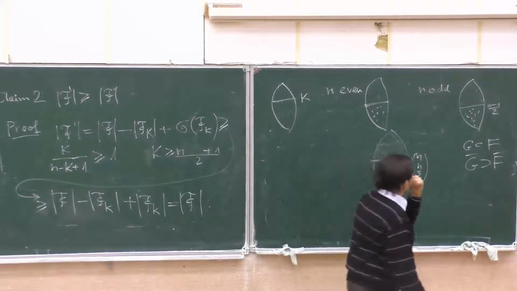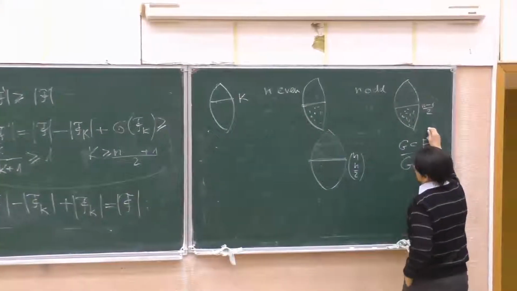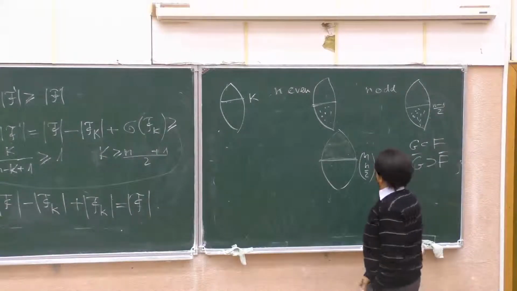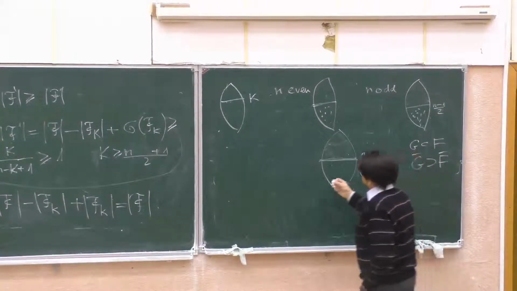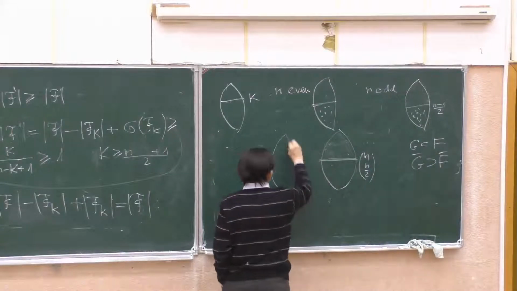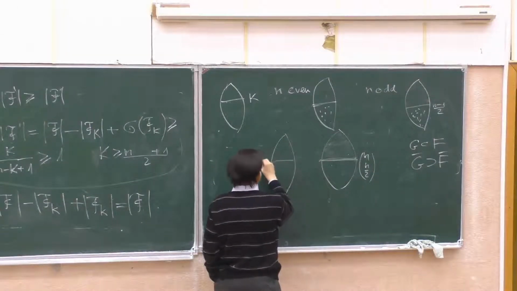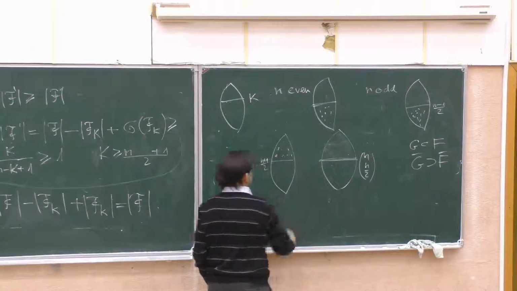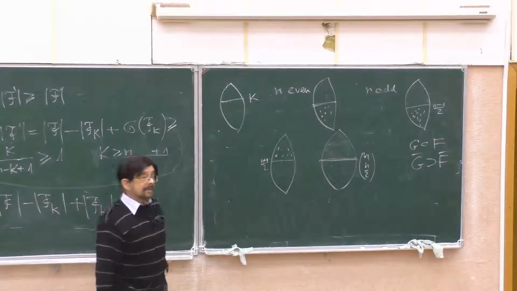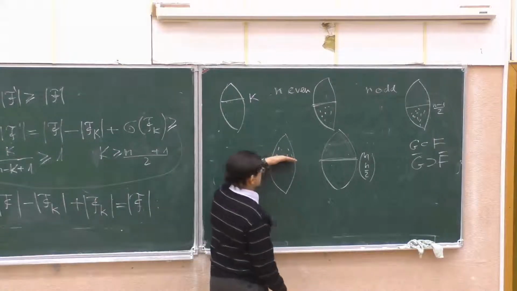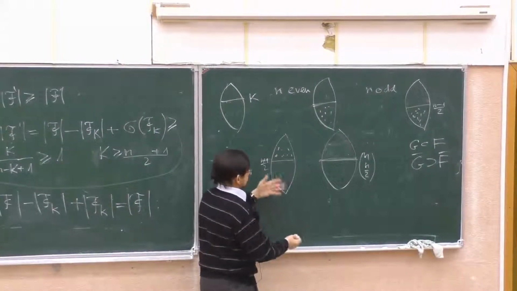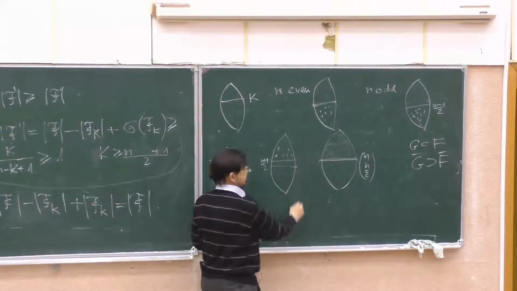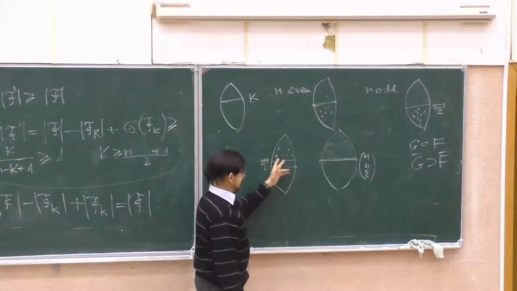And in the case of odd, then we have now this situation, and we can push down here, or we could also do pushing down here, because it is the same size, this level and this level.